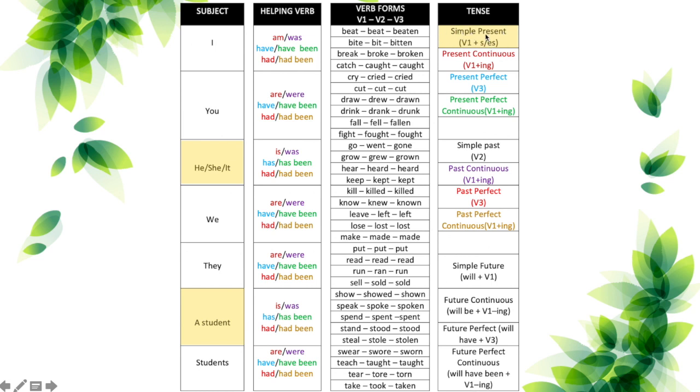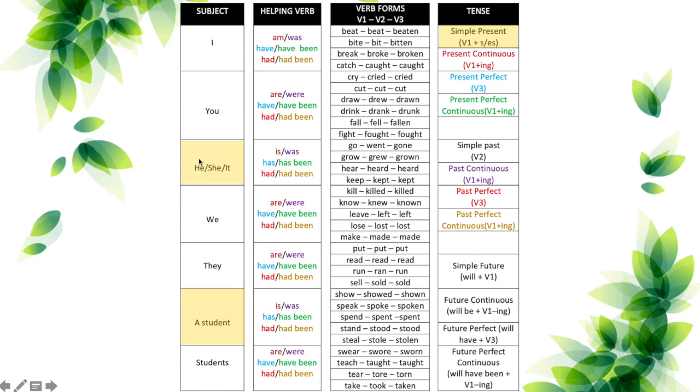In simple present tense, we use the V1 form along with the subject. We directly use V1 form of a verb. Let's take the word break. We take the V1 form of it directly with the subject. So it is I break. You break. But there is a catch to it. You can see that this is highlighted in yellow and even this is highlighted in yellow, so as this. So this is third person singular, even this is a third person singular.